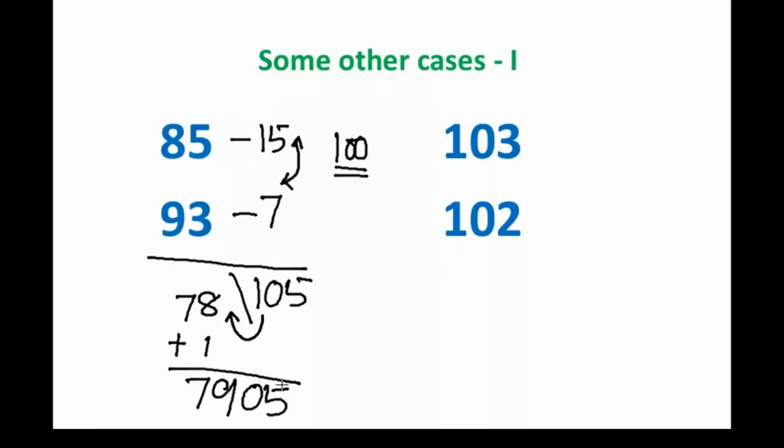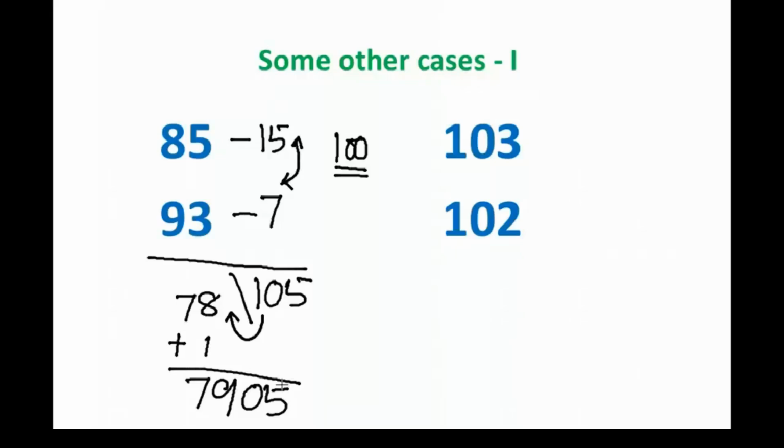So when you have a number that is not a 2 digit number, and why are we trying to keep 2 digits on the right side? Because we have taken the base as 100, so we have to keep 2 digits on the right side. Similarly, when the base is 1000, that means 1 with 3 zeros, then we have to keep 3 digits on the right side, and the formula goes like that.